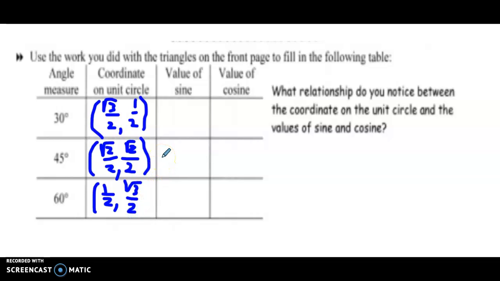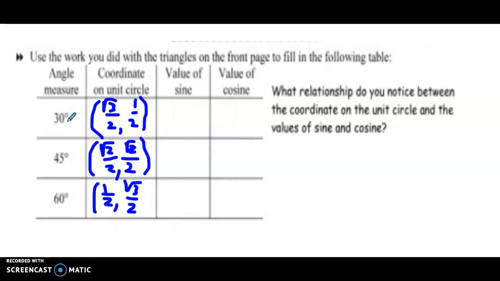Okay, now we're going to look at something, and it might not make really good sense right now, but it's going to make sense in just a minute. So we're just going to find the value of the sine of 30. Grab your calculator and see what the value of the sine of 30 degrees is.